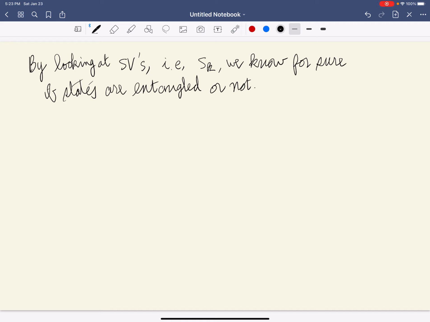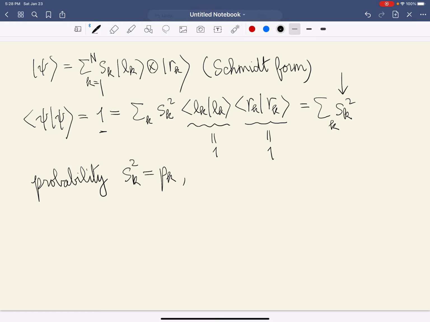Because the defining characteristic of a probability function is that all of these numbers have to be non-negative and their sum has to always be 1. And these singular values happen to satisfy both of these requirements quite naturally. And so it's extremely tempting to give some sort of probability interpretation to the singular values.